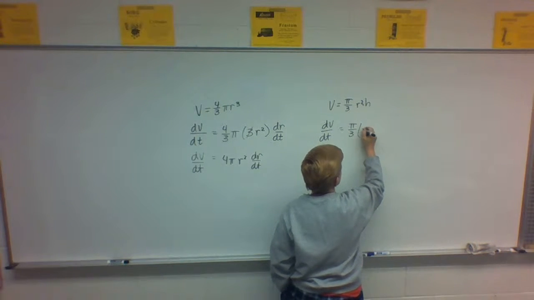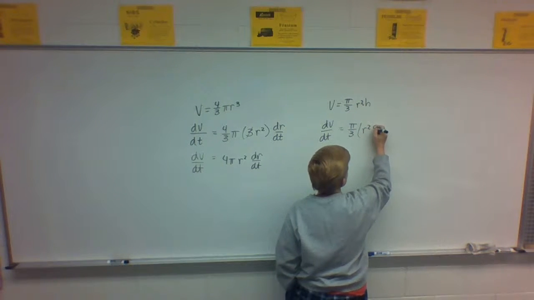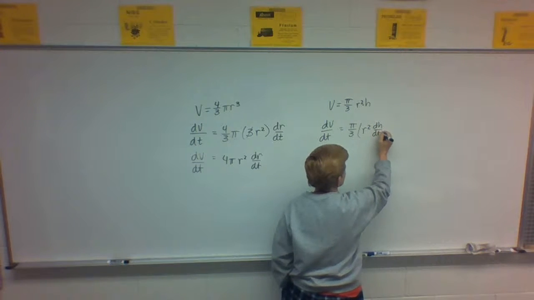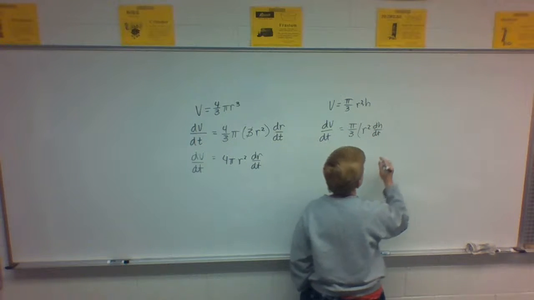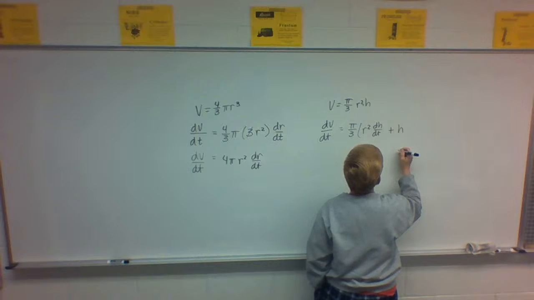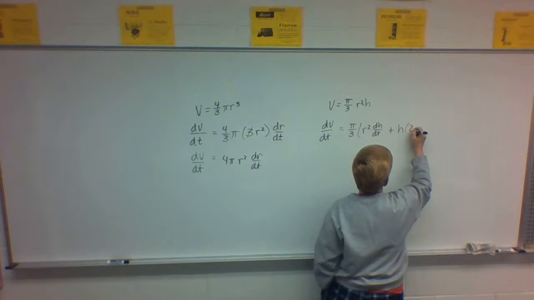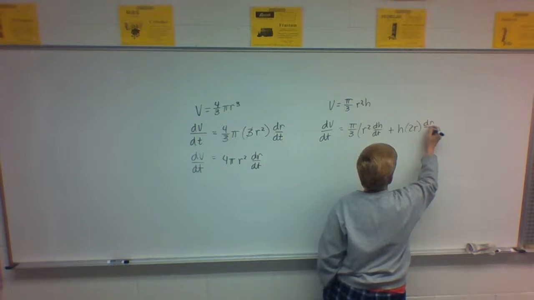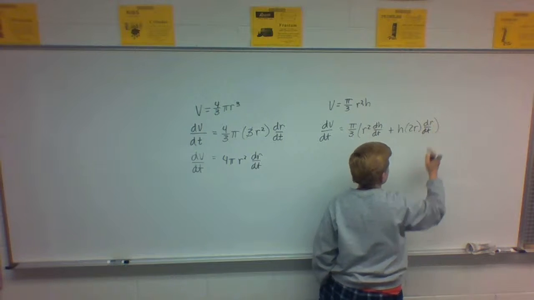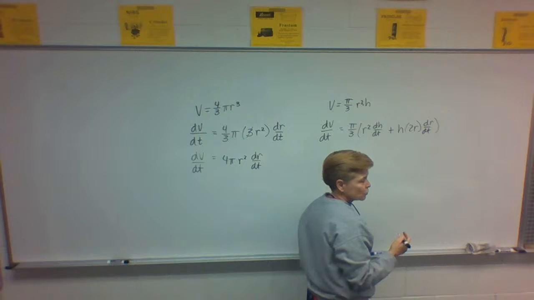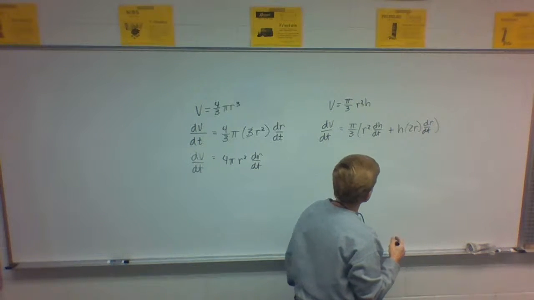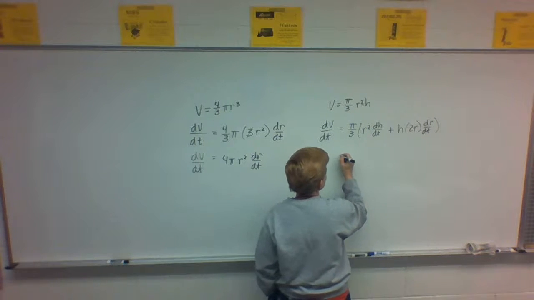It's the first times the derivative of the second. Did you catch that? Plus the second times the derivative of the first. Chain rule with respect to t on each one. And then we do just a little bit of cleanup here.